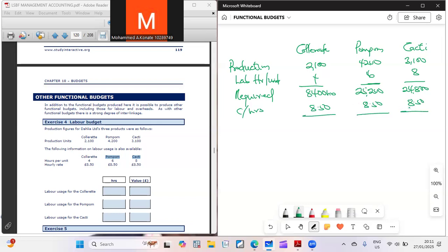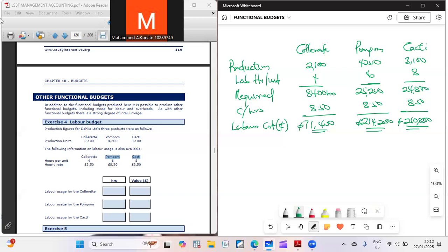So final answers: 71,400, 214,200, 210,800. So basically that is that. And these are in values, don't forget. Or you can just say labor cost and you put the currency sign there.